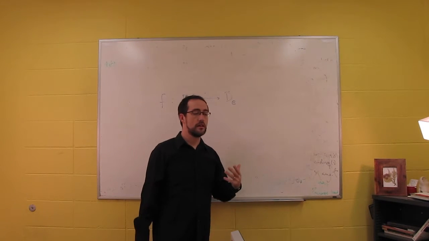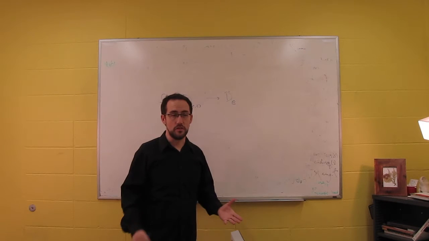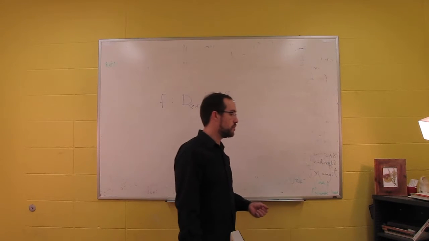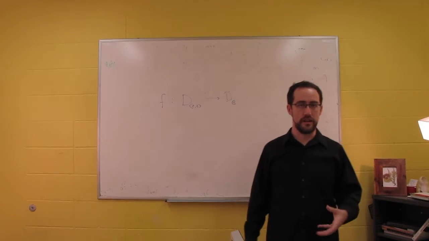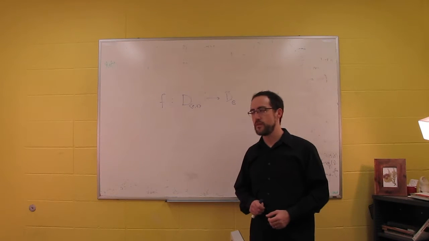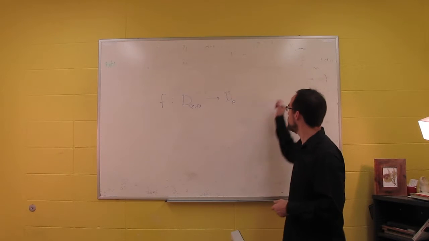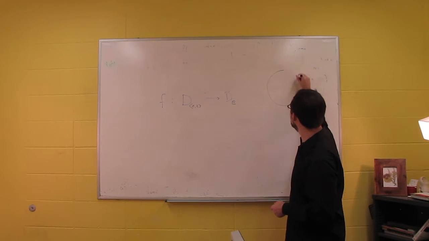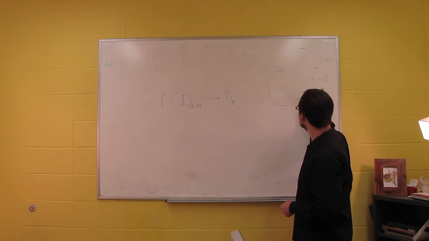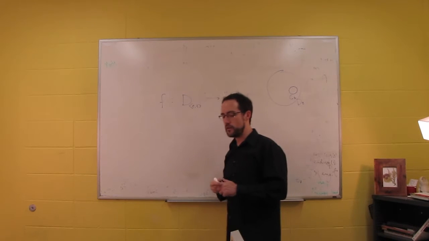And the way that we can do that, well, there's a lot of ways we can do that actually. But the way that we're going to do that, that fits with what we've been doing so far, is to say that when we use the, instead of saying D sub E, we're going to just select a subset of D sub E that will be the right size.